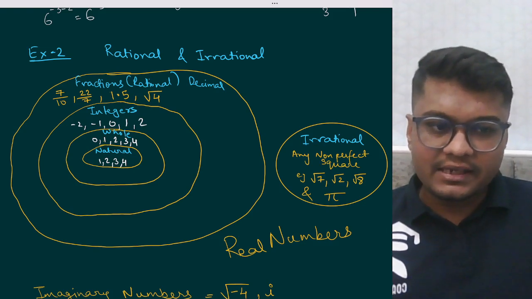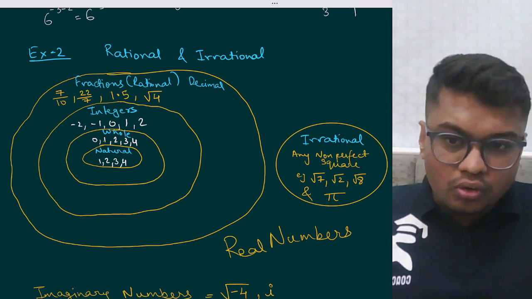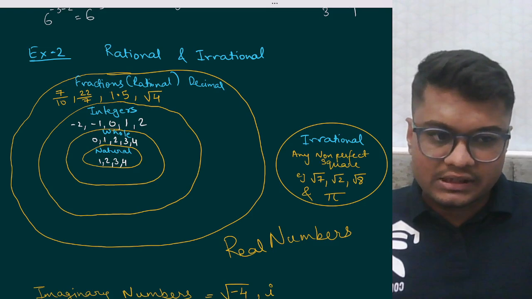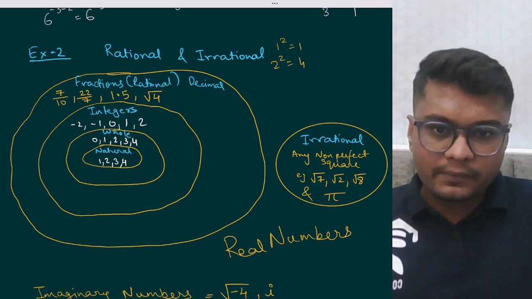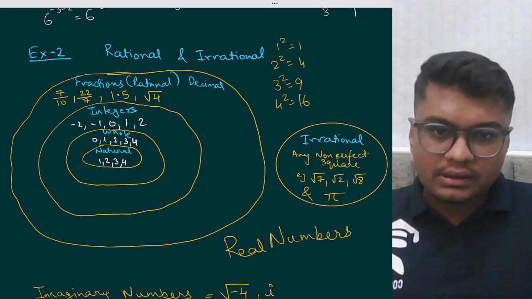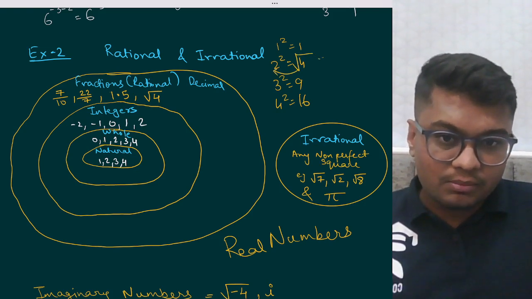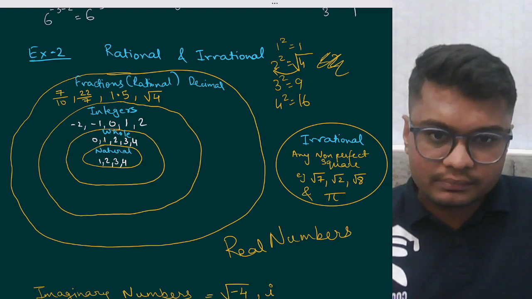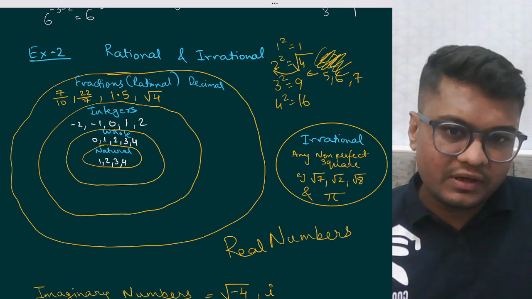So if I say, is 5 a square of any number? No. So 5 ka square root, one second, I'll just show you all again. See, 1 ka square is 1, 2 ka square is 4, 3 ka square is 9, 4 ka square is 16. But if I take their root, will I get a perfect number again? Yes, I will get it. I will get 2, right? But if I have a number like somewhere over here, 5 or a 6 or a 7, are they perfect squares of any number?